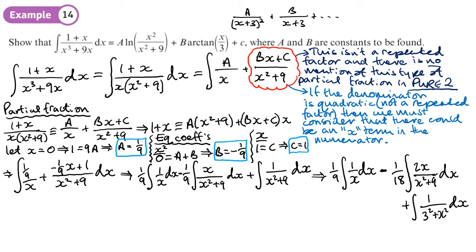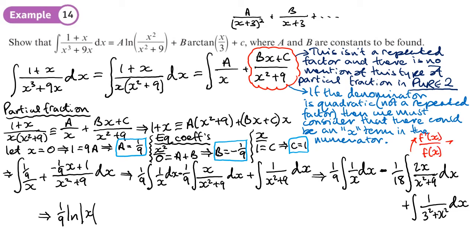Right, so here we go. First term, it'll be 1/9. That differentiated is log x, so 1/9 natural log x. Right, second term here. As I said, that fits the pattern where we've got f dash of x over f of x.